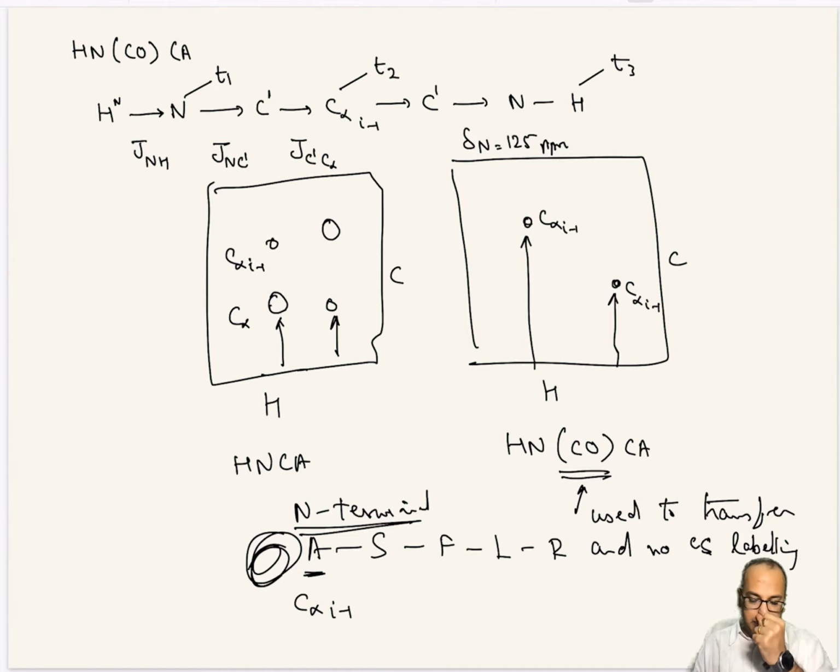And in the HNCOCA experiment, you will not get any peak corresponding to this alanine HSQC peak, right? So broadly speaking, this is how triple resonance experiments are used to carry out the resonance assignment of a given protein.